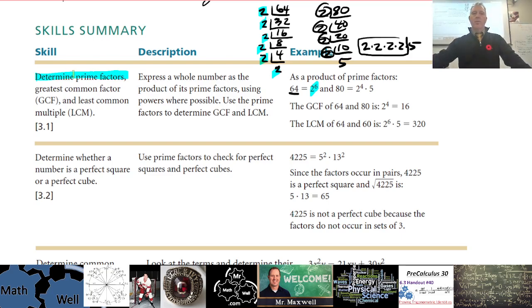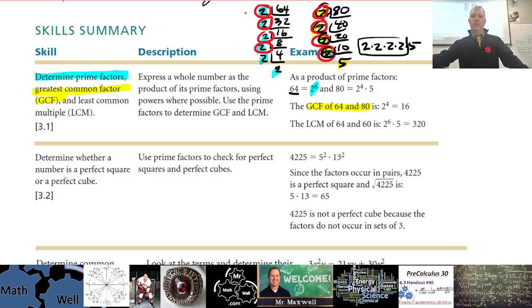The next thing that we found out in this chapter was greatest common factor, or GCF. In that way, what you do is you look at the factors on both numbers. Let's see, the GCF of 64 and 80. You identify all the factors that are the same. So there's 1 2, there's 2 2's, there's 3 2's, there's 4 2's that are the same.